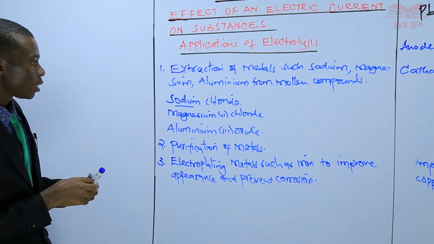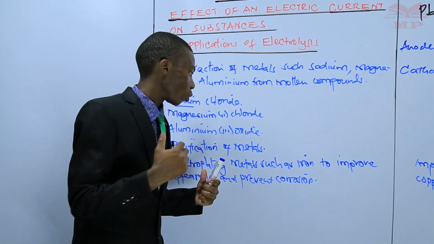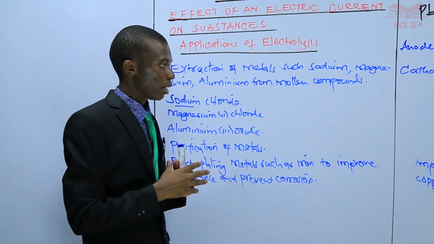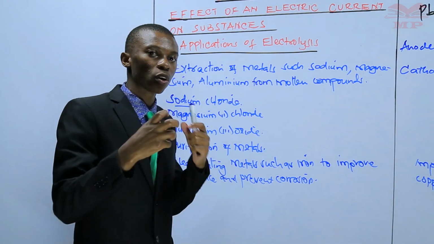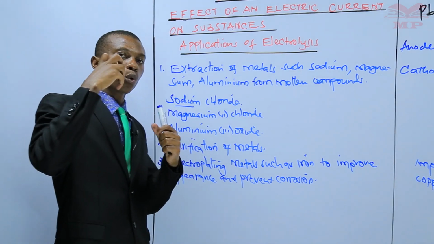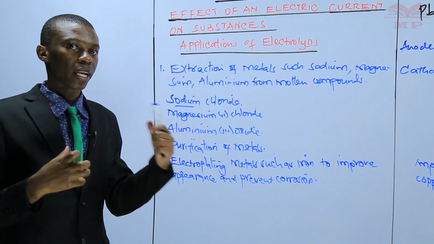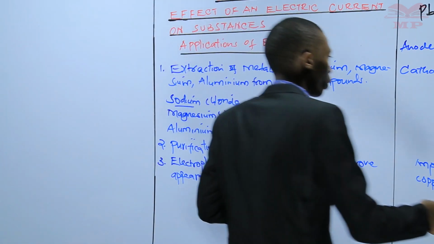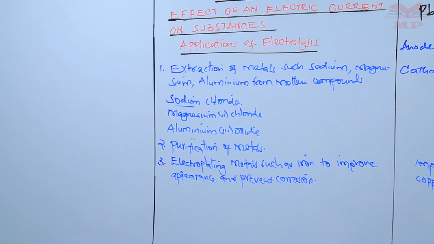Electroplating just simply means coating a metal with another metal, a process of coating a metal with another metal through electrolysis. And if you want to coat a metal with another metal, this is what happens.